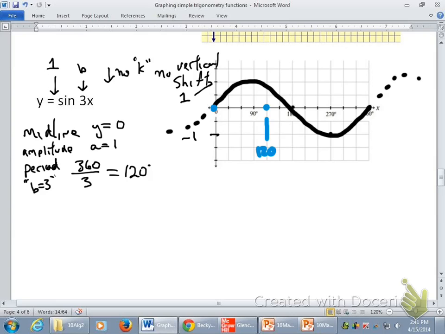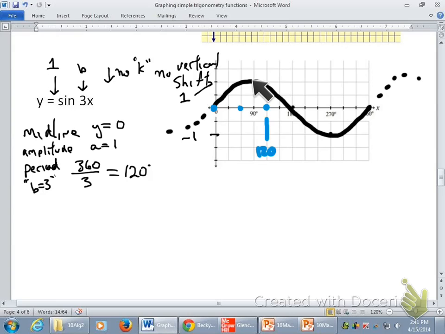So I want you to think for a second. Look at the original graph. What's half of 360? 180. So halfway I was at 180. What was that value? 0. What's half of 120? 60. So at 60 I should be at 0. Now I know that halfway between 0 and 180, I reached my tallest point.